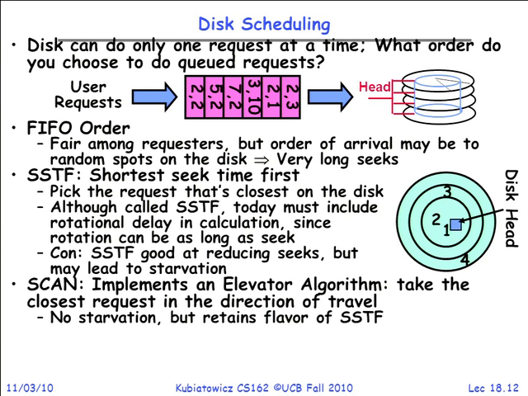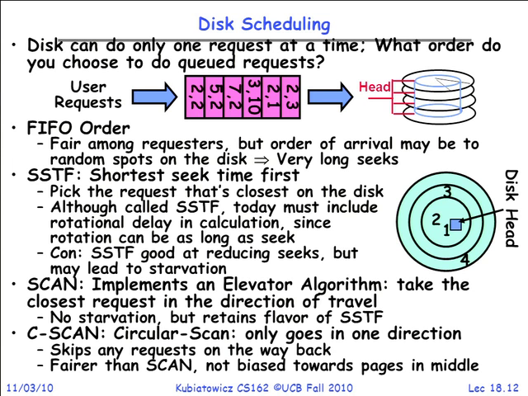So there is a variant called C-SCAN, which your book talks about, circular scan, and the idea here is you're trying to avoid bias at the top and the bottom, where you get a little bias because you're going in one direction and then back out, but the edges get preferential treatment in that, right? Because you're spending more time at the end and the beginning. And so what C-SCAN does is it always services requests in one direction, zooms the head in one direction.